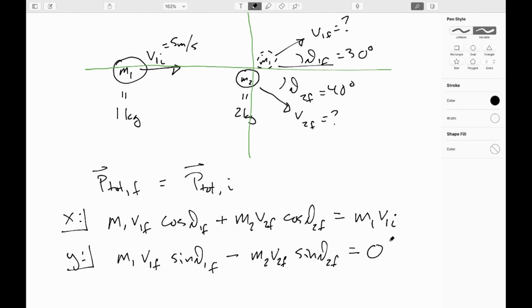Now we see the value of making that choice of coordinate system. This will give us a nice clean relationship between v1 final and v2 final that we can then substitute into the other equation, which will be less clean. But at least this will make the algebra a little less gacky.